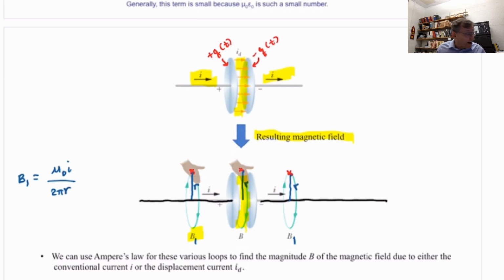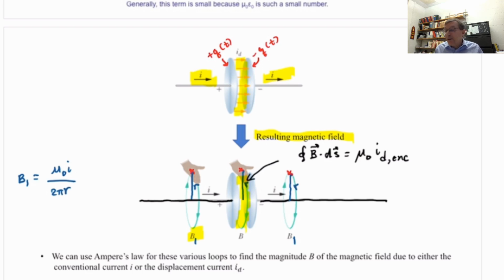But we would still apply an Ampere-Maxwell law calculation to the loop here. See it? We would integrate B dot ds around that loop, and the answer must equal mu 0 times the displacement current enclosed by the loop.